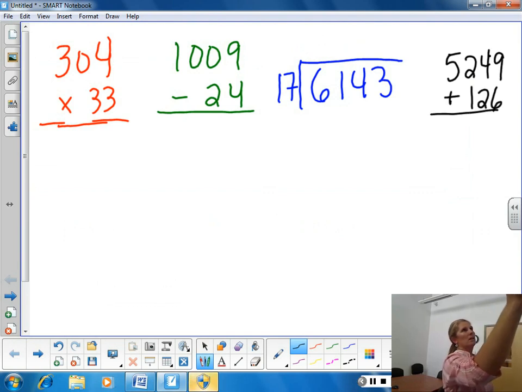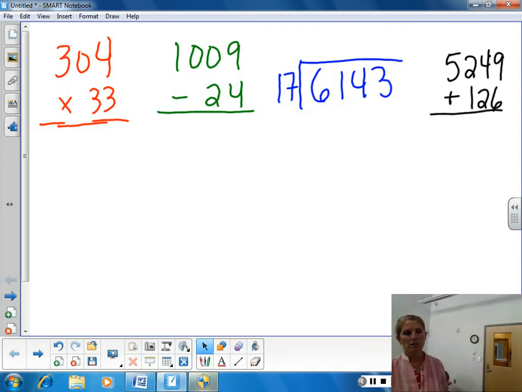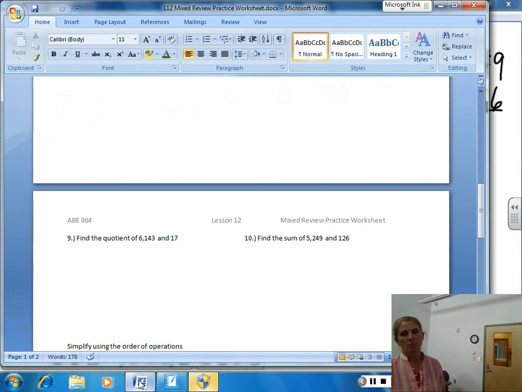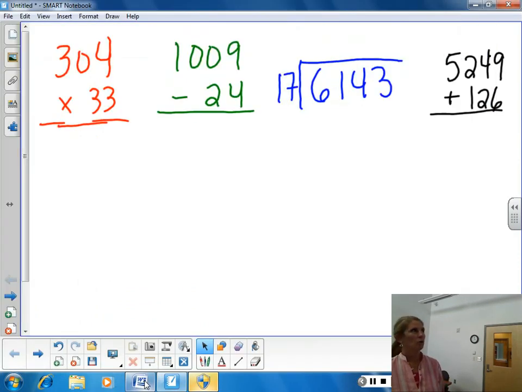I may not have remembered that correctly. 5,249 and 126, right. Those are the 4 operations that you would perform for that. You want to do those? I mean, I think you can do them on your own, but I'll do them really quick.